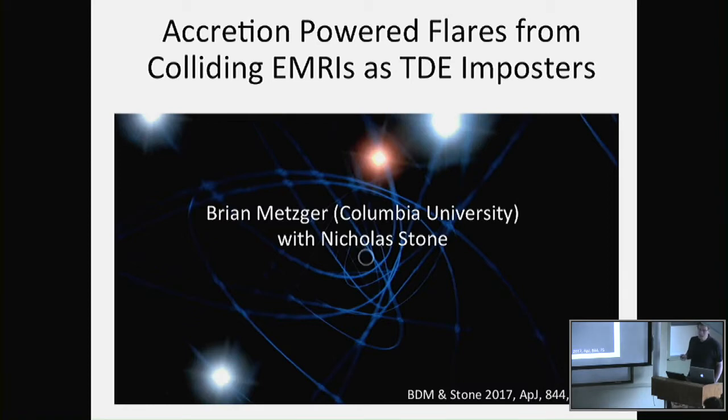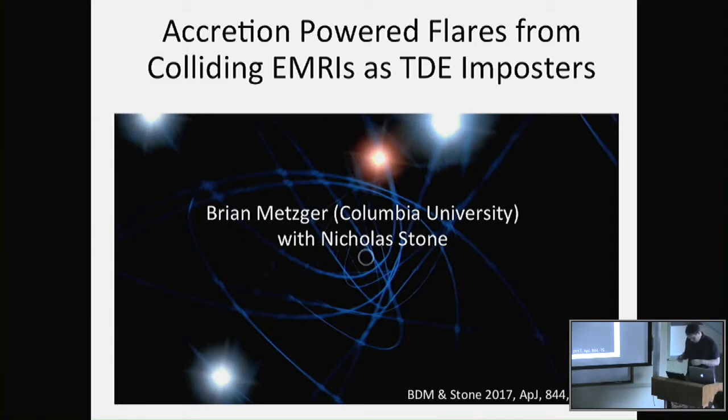And so what we're going to argue is that one thing we should possibly be thinking about are EMRIs of main sequence stars that are overflowing their Roche lobe to the supermassive black hole. And if you have two consecutive EMRIs, they may actually interact with each other physically, colliding and producing bursts of gas.